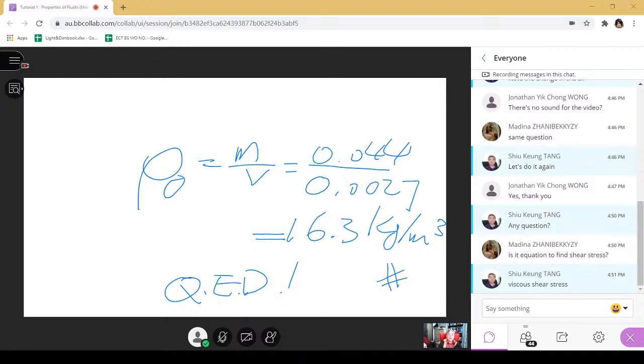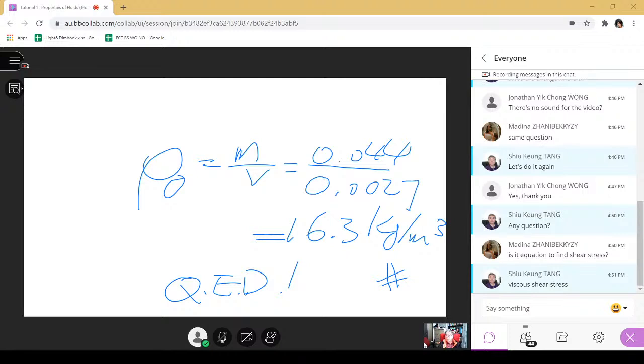Basically it is the relationship between pressure, volume, or density, because we have a fixed mass of gas, and the temperature. So P, V, and temperature are the related variables in the equation of state.